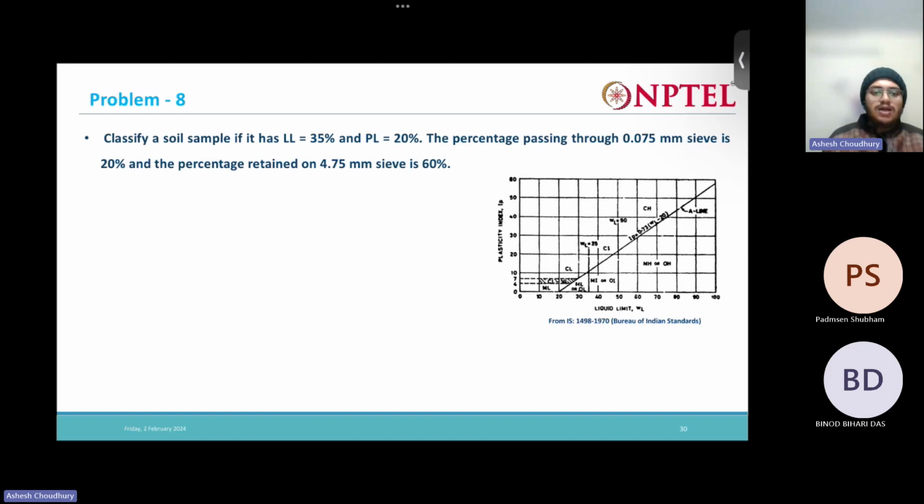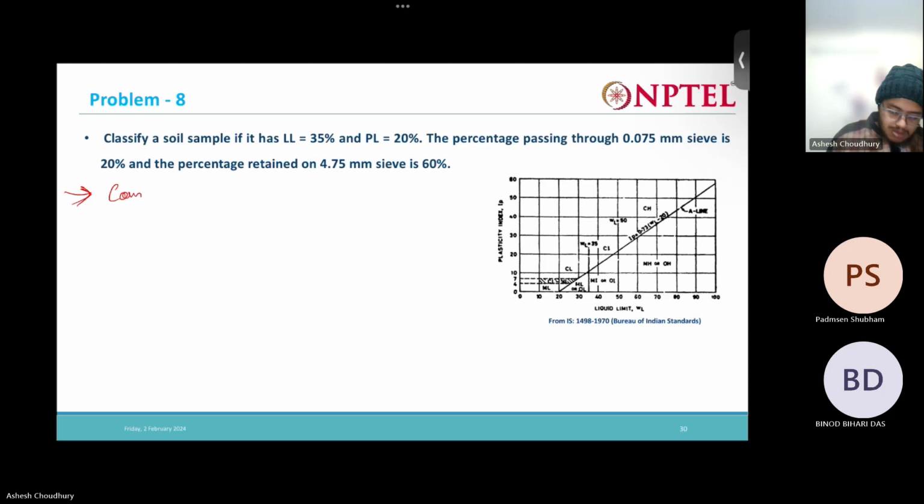How did you identify it? See, less than 50% is passing through 0.075 mm sieve. Only 20% is passing through, so the soil is definitely a coarse soil.